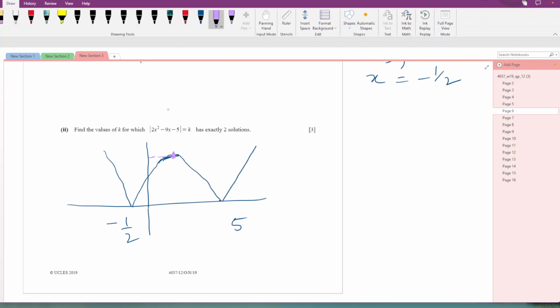I try to find the x coordinate of the stationary point, and it can be found by considering the symmetry.